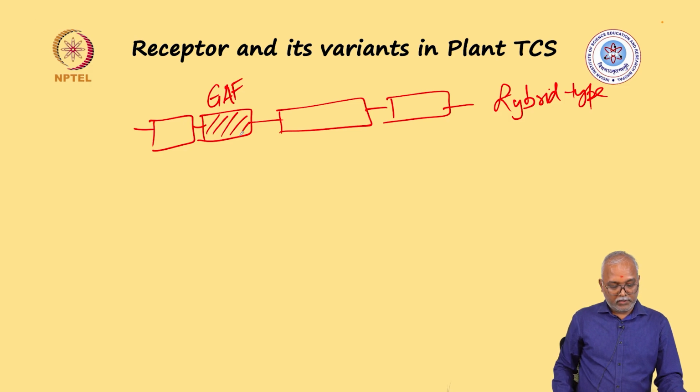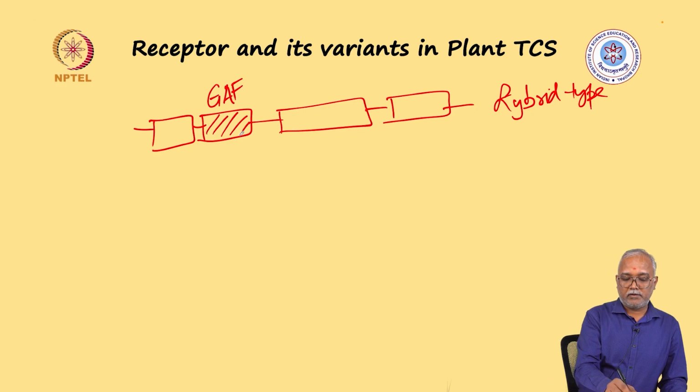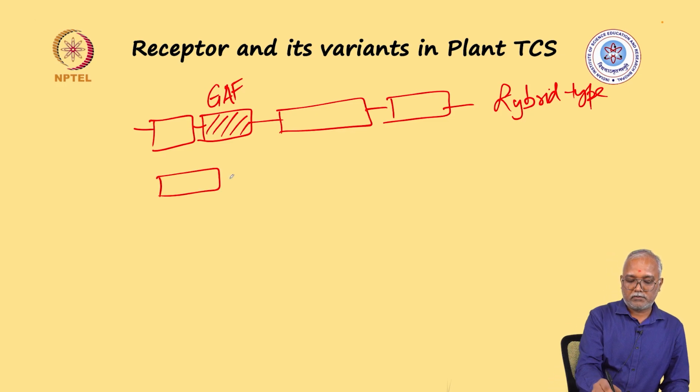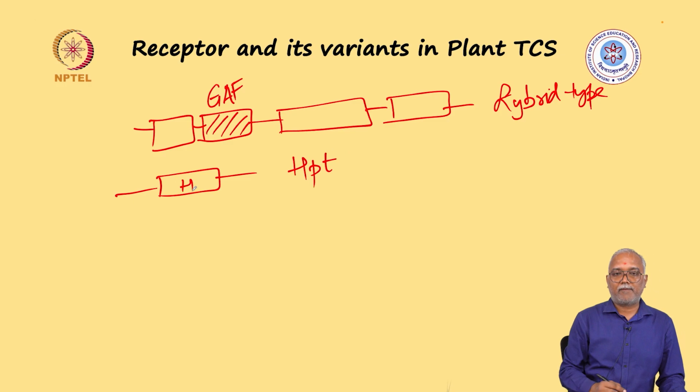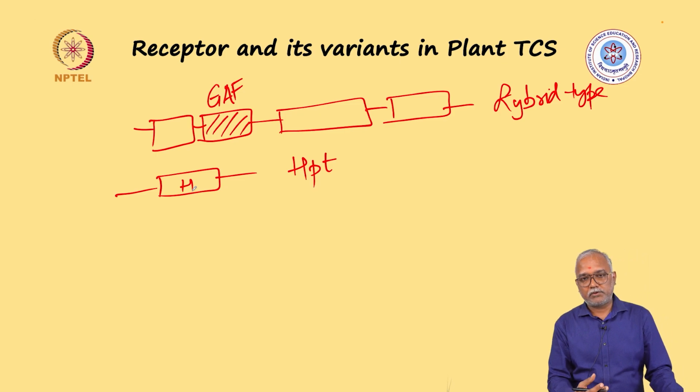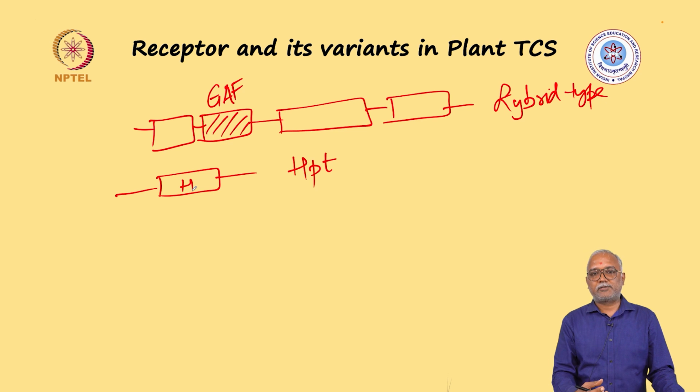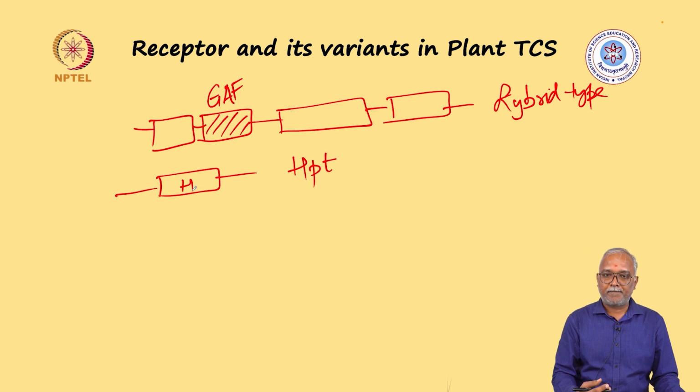Now if you think about the other components of the signaling in plants, you will have this HPT, histidine phosphotransferase. You will expect it to have the histidine residue. Sometimes you also come across this nomenclature in plants that there is an authentic kinase or authentic receptor versus a variant receptor.